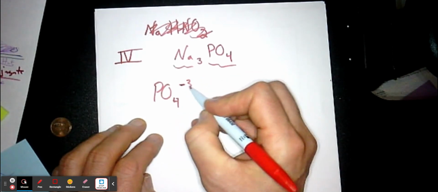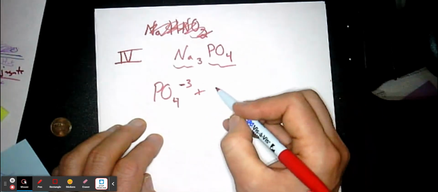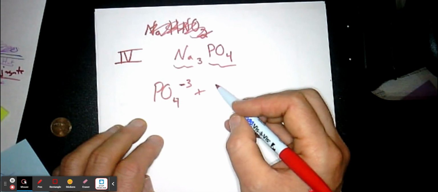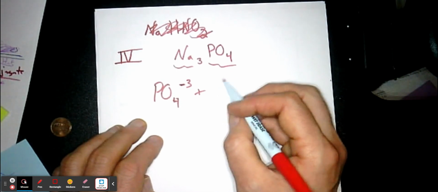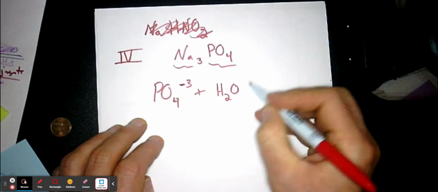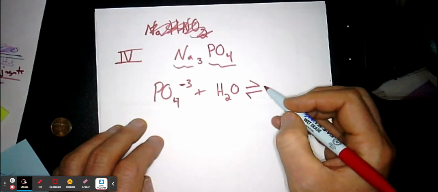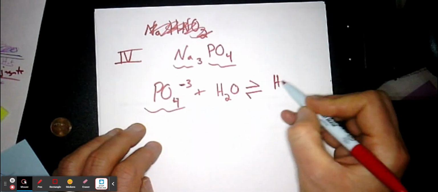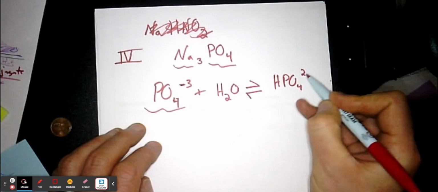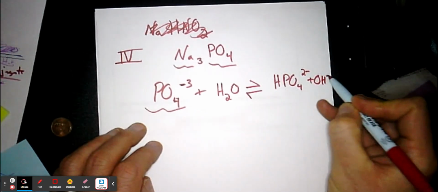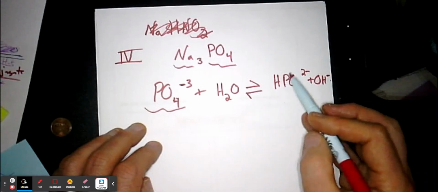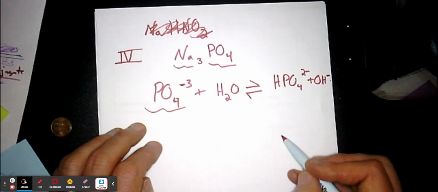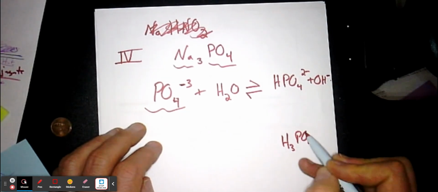Are there any ways for this to accept protons or donate hydrogens? It can't donate hydrogens because it doesn't have any, but it could certainly accept a proton to make this, and it could do it 3 times and eventually make phosphoric acid.